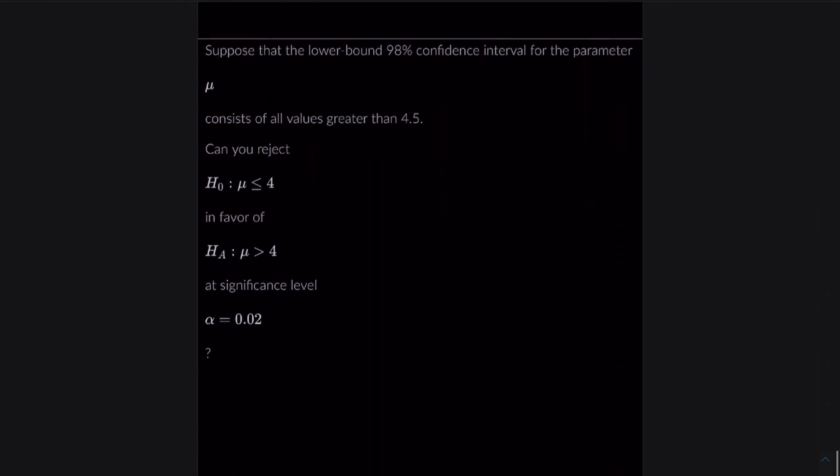So for the last one, suppose that a lower bound 98% confidence interval consists of all values greater than 4.5. Can you reject mu is less than or equal to 4 in favor of mu is greater than 4 at significance level 0.02? So the interval already is 4.5 to infinity. That's our confidence interval, and since 4 is over here, and this is less than anything in that interval, we can go ahead and say yes, we reject the null.